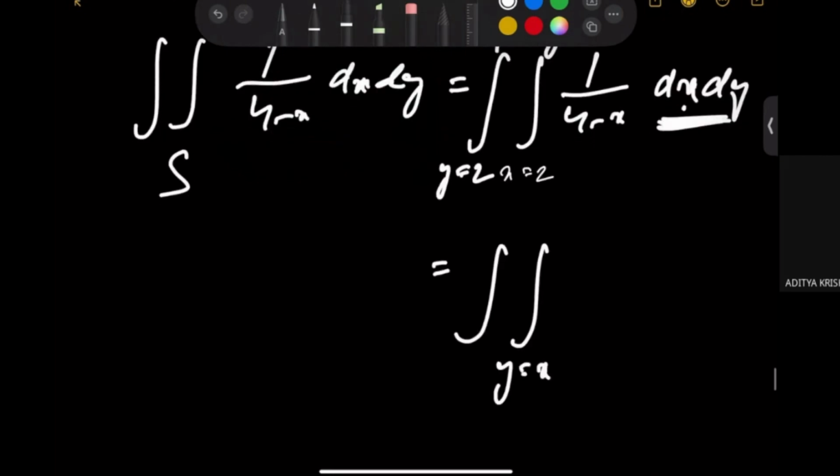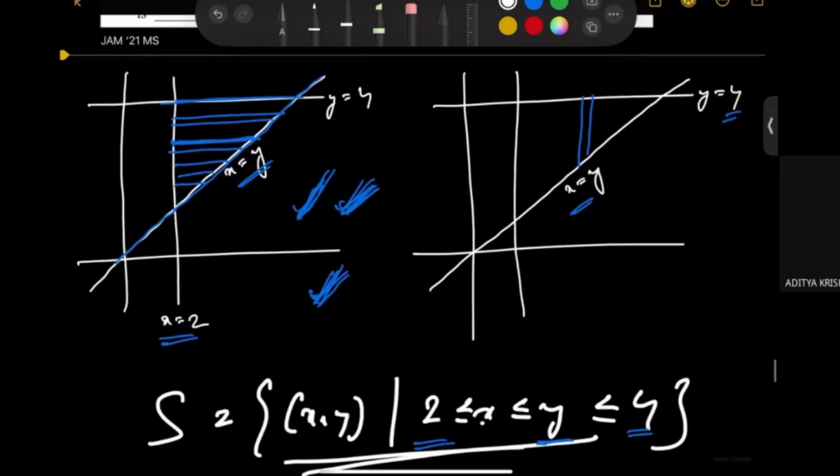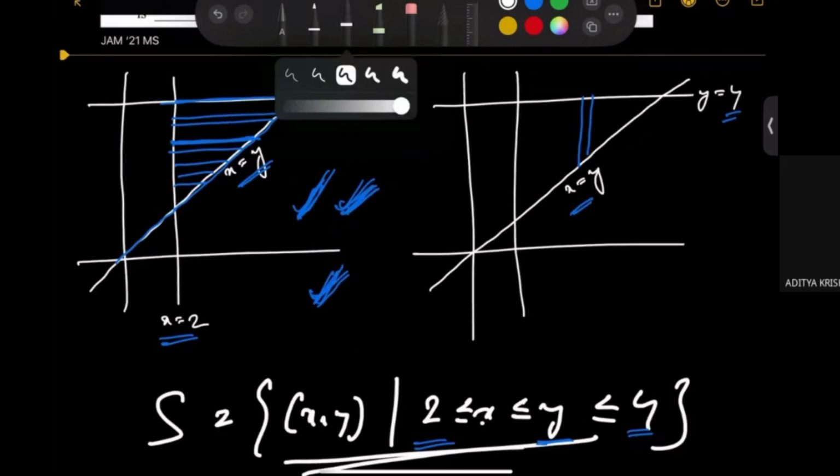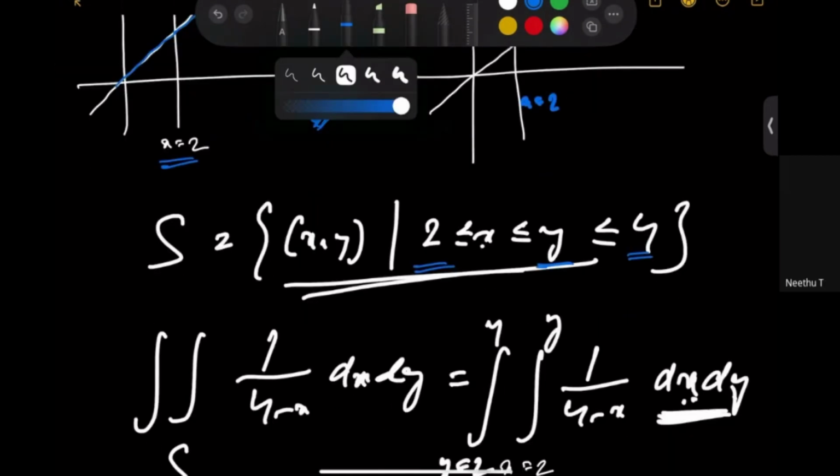Y going from x to 4, 1 by (4 minus x), dy dx. So I'm doing the reverse way. The limits of x would now be from 2, this is x equal to 2, till where? Can you tell me? 4. Yes. The limits of x are 2 and 4.